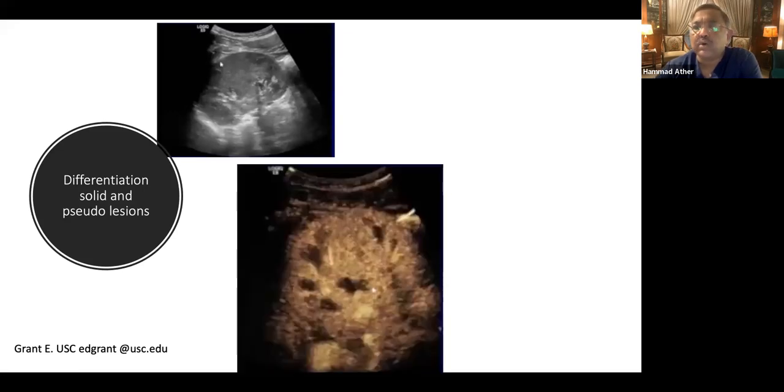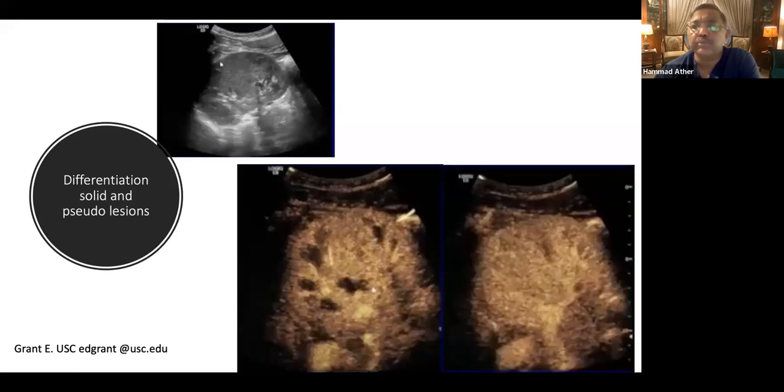If you do a contrast-enhanced ultrasound, you can see that the contrast enhancement pattern of this lesion is not very different from the rest of the parenchyma. This is indicative of a normal variation of anatomy rather than a tumor.